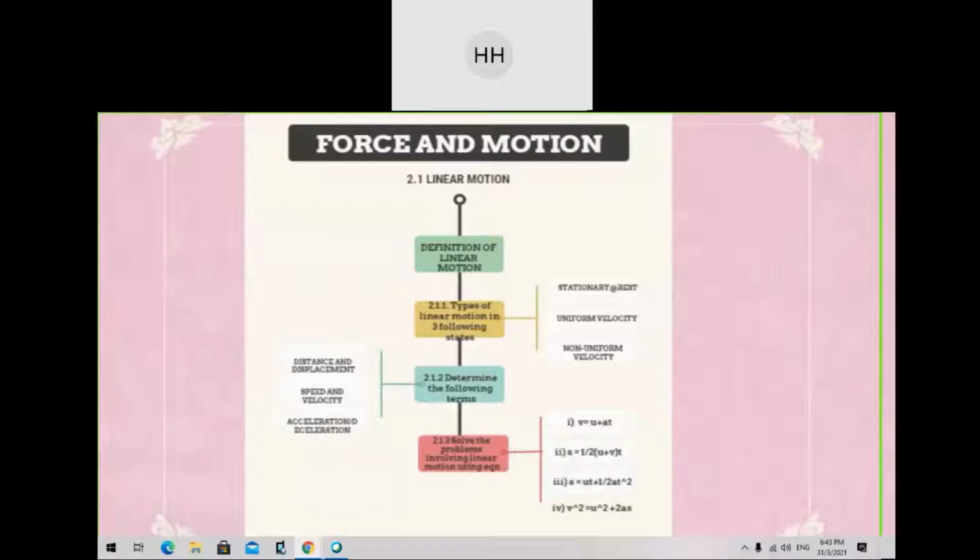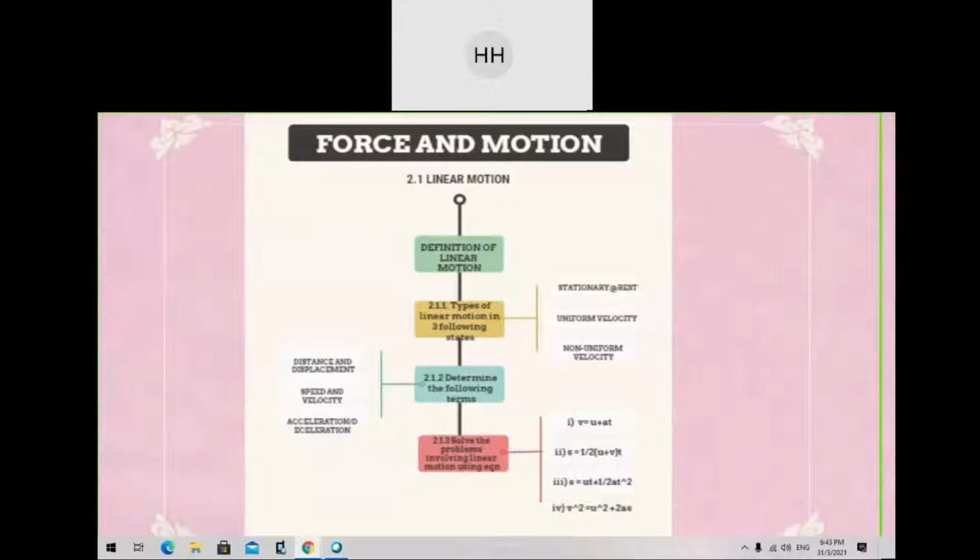So for this part, I have made a simple summary for this topic. In this topic, you learn about the definition of linear motion, and then the fractions of this subtopic. First, in 2.1.1, you will learn about the types of linear motion in three states, which are stationary or rest conditions, uniform velocity, and non-uniform velocity, which will be explained by me.